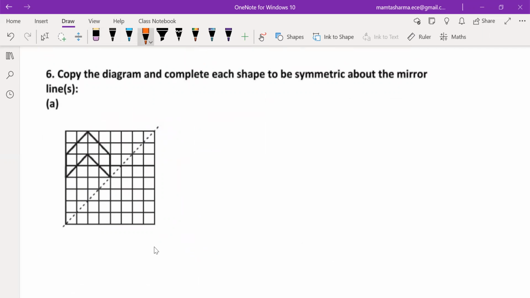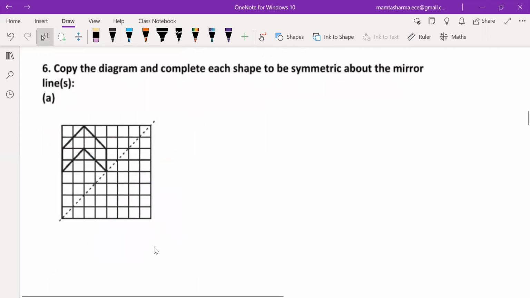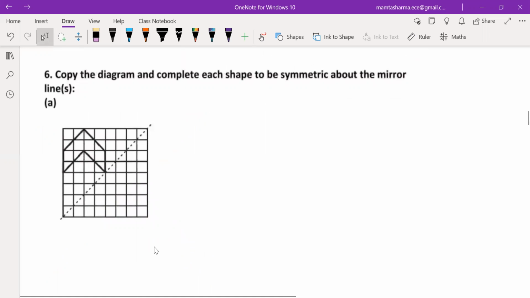Who will read the question? Ritvik Nimala, read this question. Yes, ma'am. Copy the diagram and complete each shape to be symmetrical about the mirror. So draw the same shape of this. Ma'am, same shape. We should do the mirror, down, ma'am.